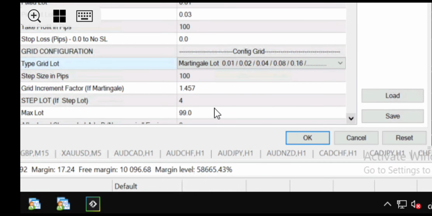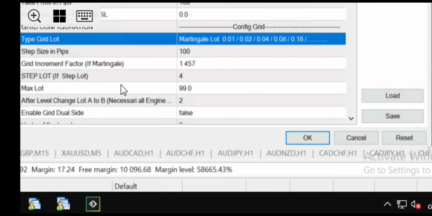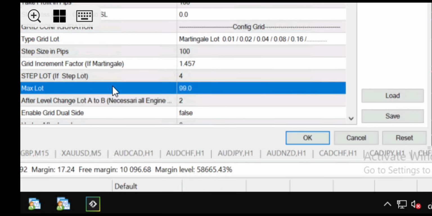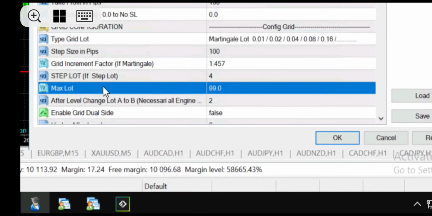We also have the maximum lot, because as martingale is going, it continues to increase. So what is the maximum lot it will ever open? It is 99 lots. You don't want to get to that level.